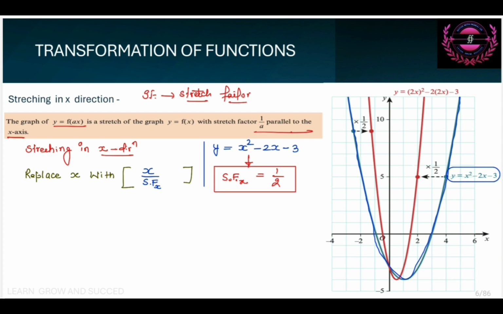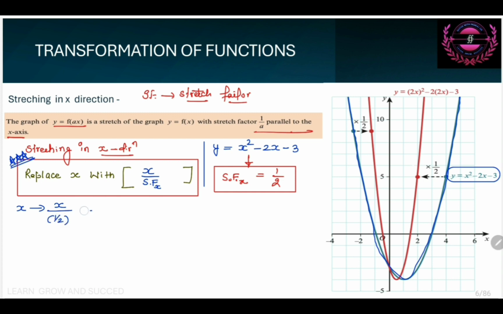As I have already told you, this is very important. You have to replace x with x upon stretch factor. Please note it down or star mark it. In this particular question you will replace x with x upon stretch factor, which is 1 by 2, which finally becomes 2x.